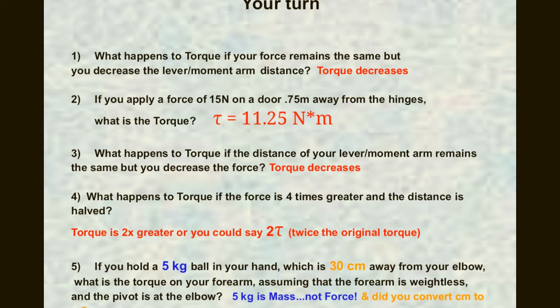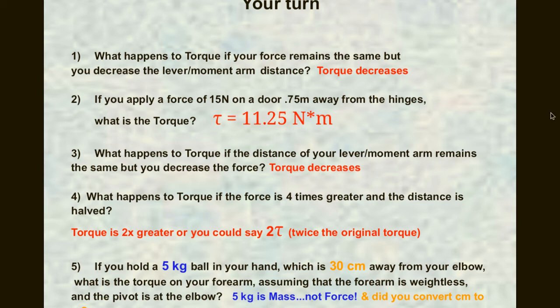So the 5 kg isn't your force, that's a mass. And you should also remember that any kind of distance should be in meters. You might be looking at it and think, well, I can't solve for this if I don't have the force, but that's not true, because remember what force is? Force is mass times acceleration.